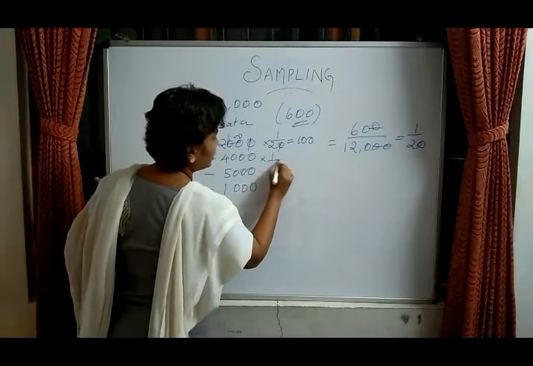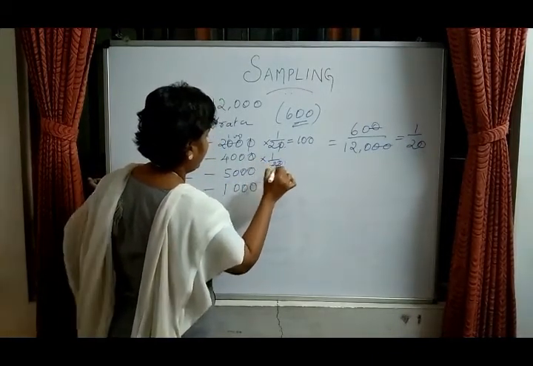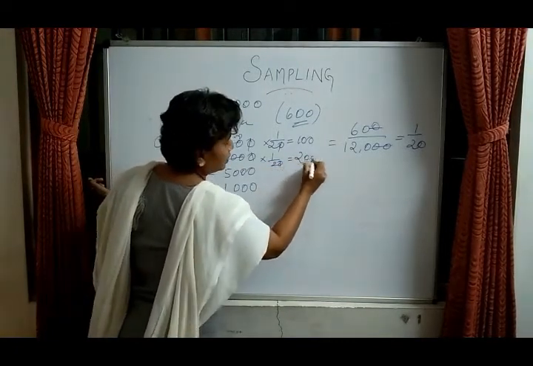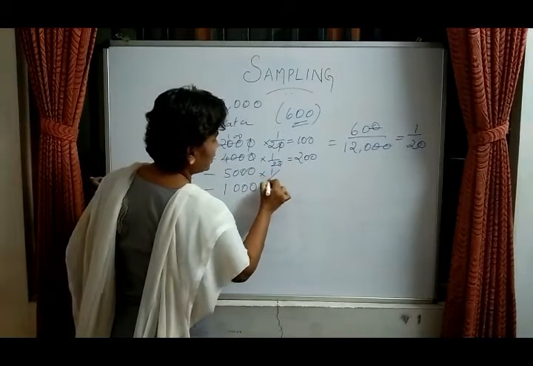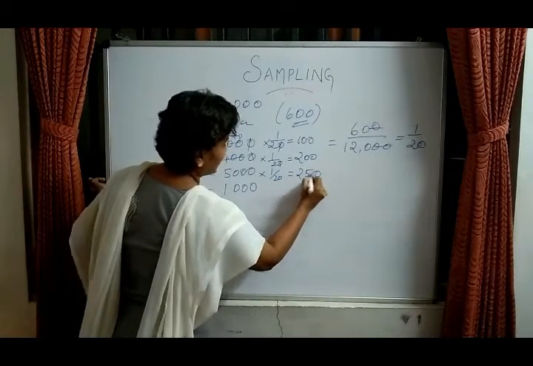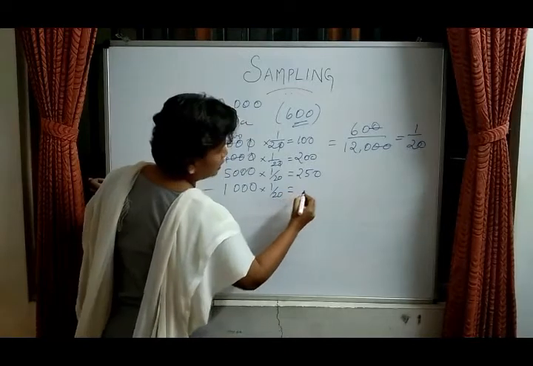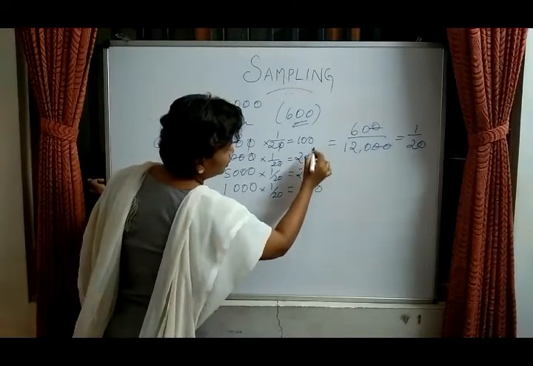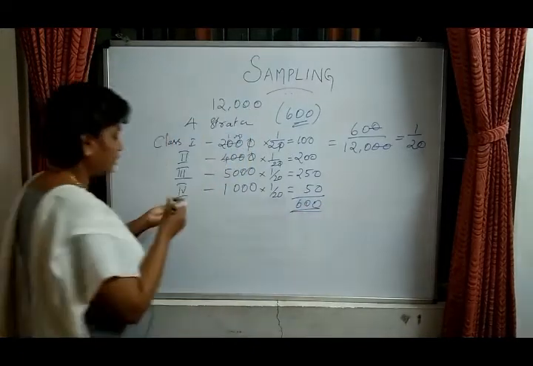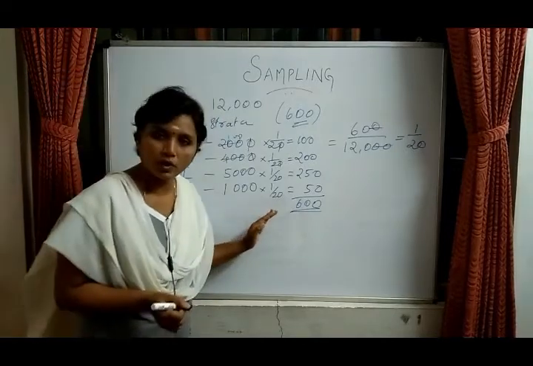Here also 1/20, so how much? 200. In this also 1/20, so how much? 250 into 1/20 is here 50. 300 plus 300, 600 total. So here we are giving the equal chance for everyone.